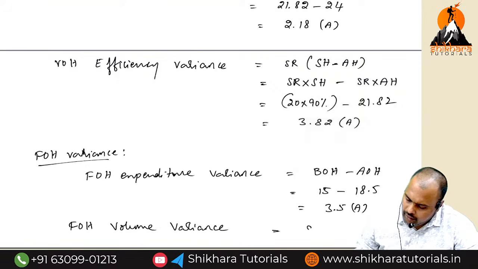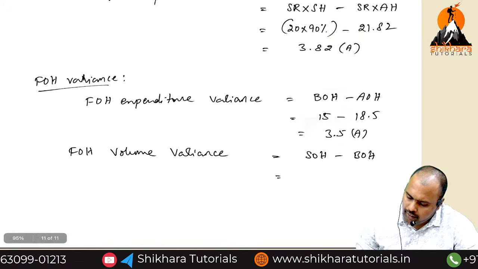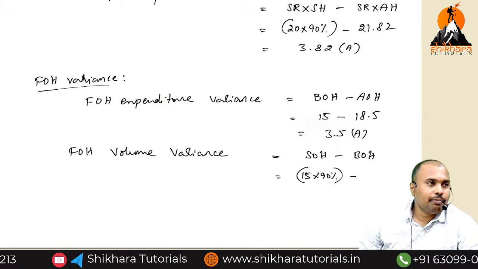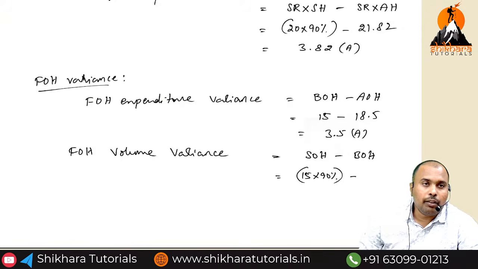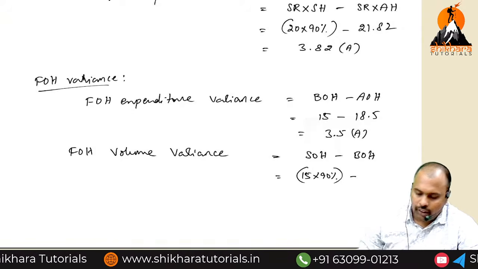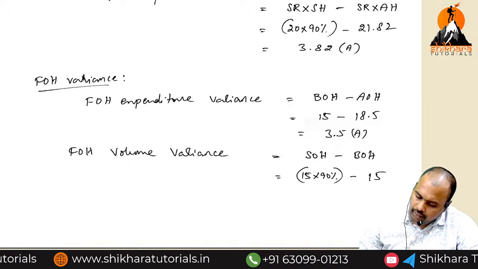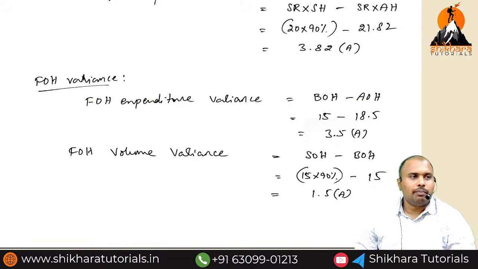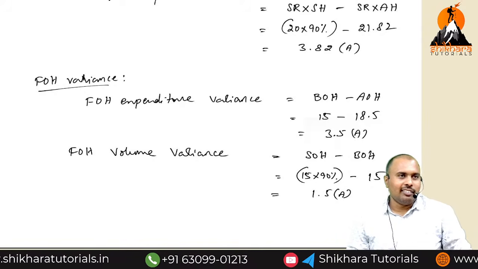Volume variance is SOH minus BOH. SOH is nothing but BOH into 90%. Standard overhead is budgeted overhead per actual quantity, and actual quantity is 10% lower than budgeted quantity. So its cost has to be 90% of that, minus BOH, which is 15. How much? 1.5 adverse. Fixed overhead variances are the easy ones in any calculation, right?